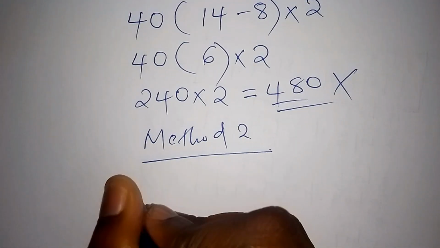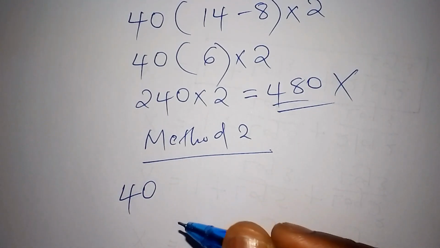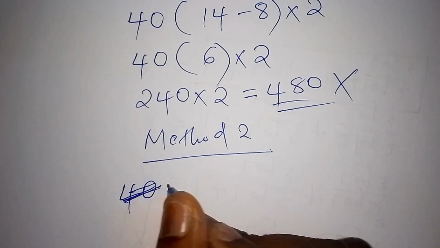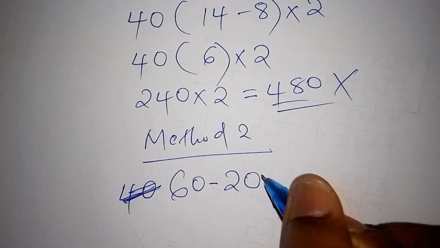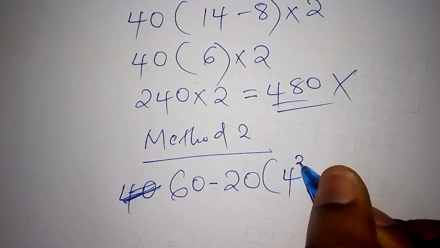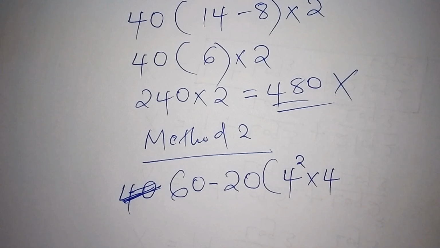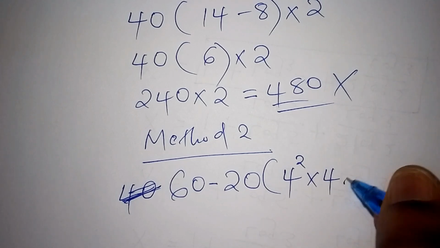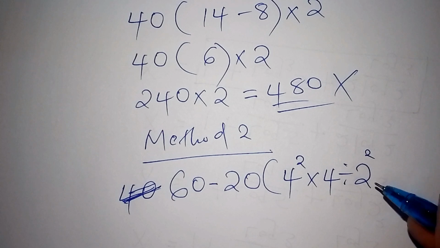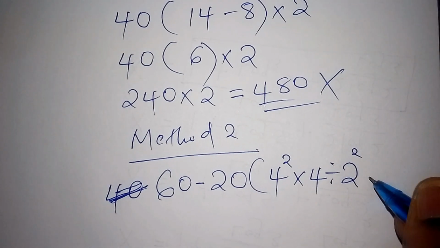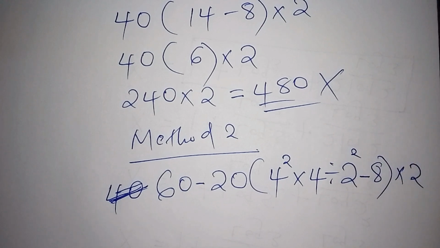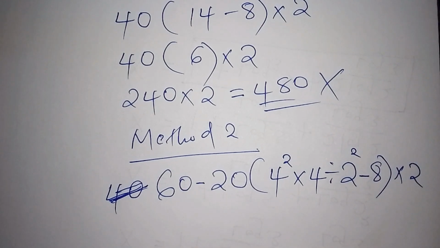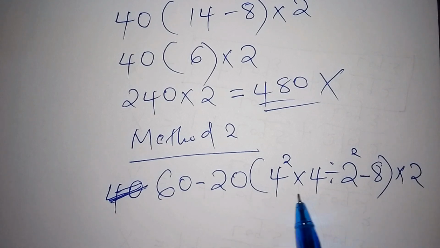Now, this is the maths that I want us to solve. Sorry, we don't have 40, we have 60. We have 60 minus 20, then close the bracket, 4 squared, multiply by 4, then divide by 2 squared, then minus 8, close the bracket, times 2. When you're given this maths problem, the first thing you need to work out is the bracket first.